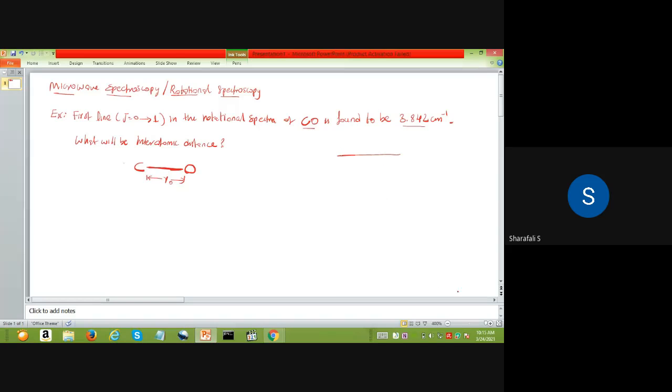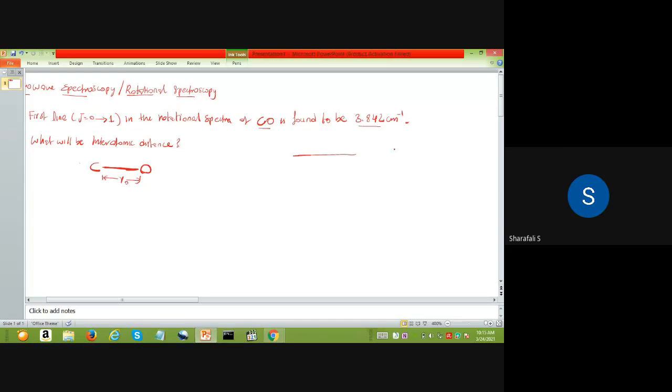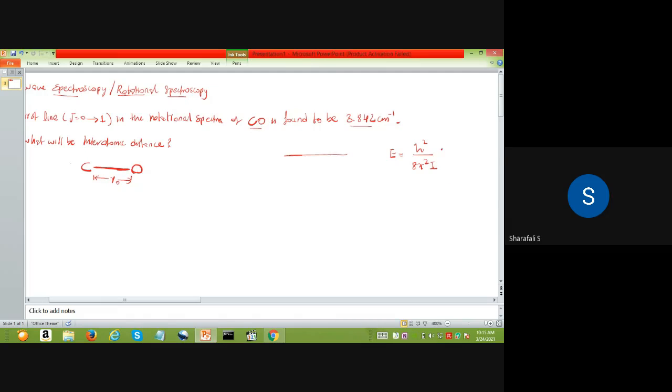We have the equation for energy in rotational spectra as E equal to h square by 8 pi square I times J into J plus 1.